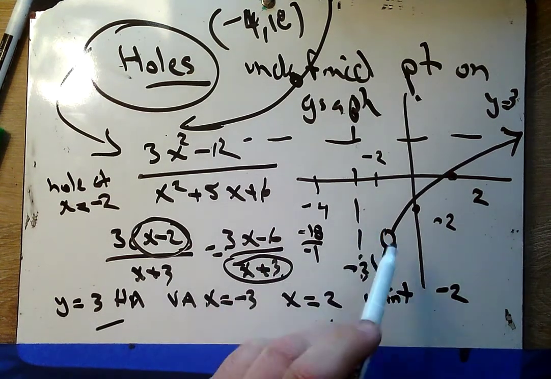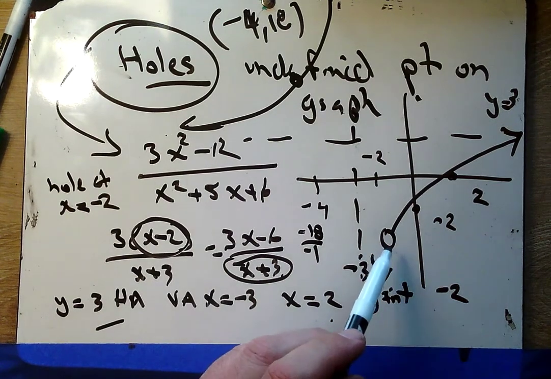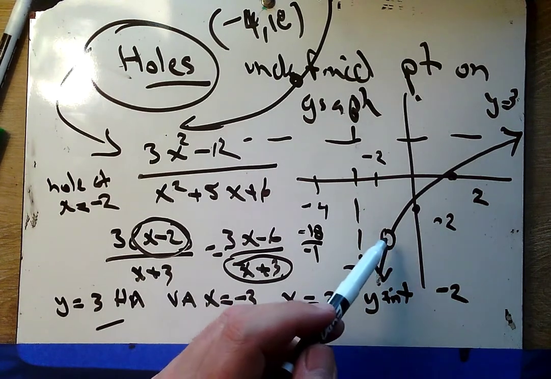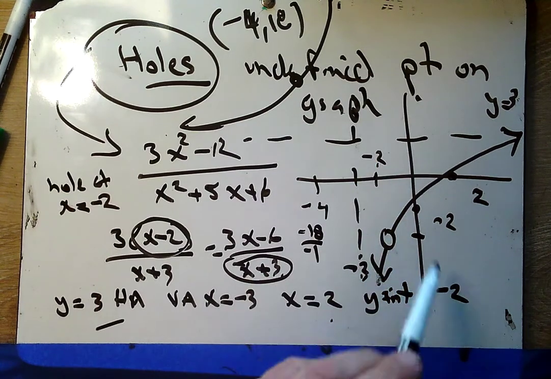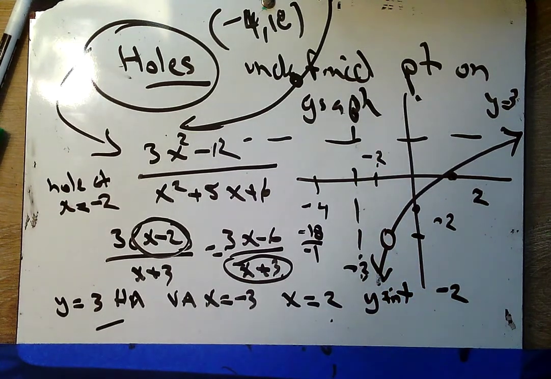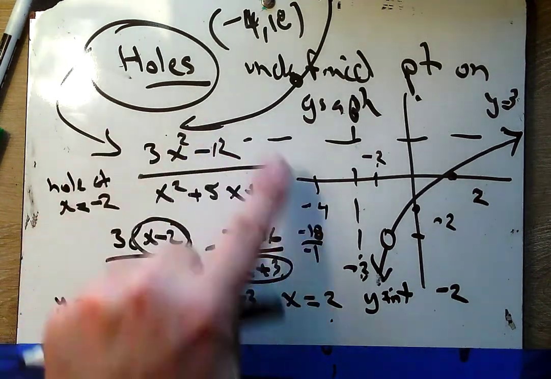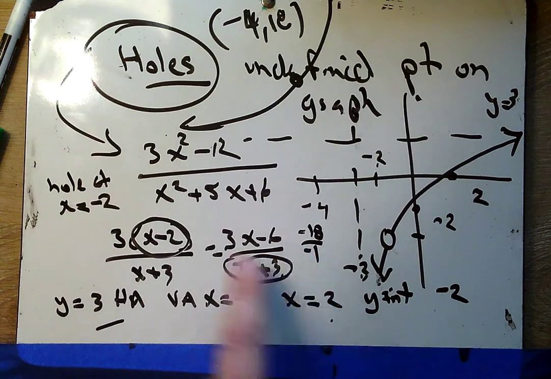Okay? Please don't forget to label the hole on the graph. Now, some students want to know, well, what's the y value of the hole? I don't really want you to be labeling that because it doesn't exist. But some people like to be able to find that out. If you want to find the y value of the hole, you can't use the original function. That's going to give you 0 over 0. But you can use the simplified version.